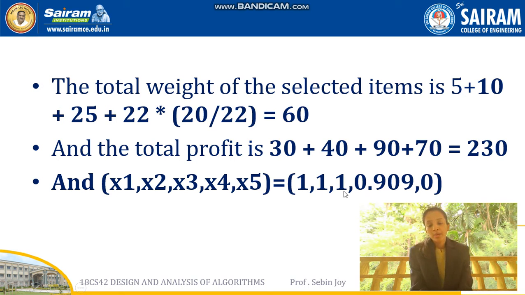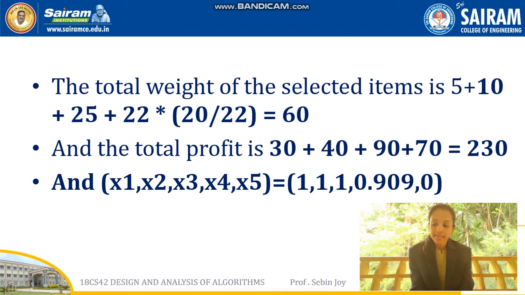After filling the columns, all these three things you have to write again: the total profit we got and the fraction of the items that we have selected to fill the knapsack. Since it is a maximization problem, the aim of our problem is to get the maximum profit by putting the elements into the knapsack.